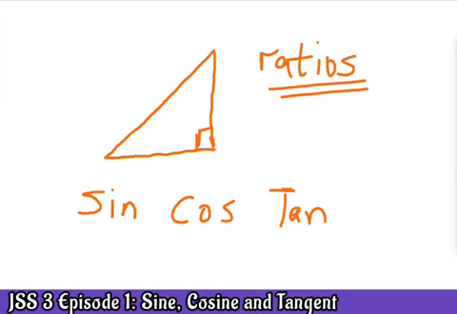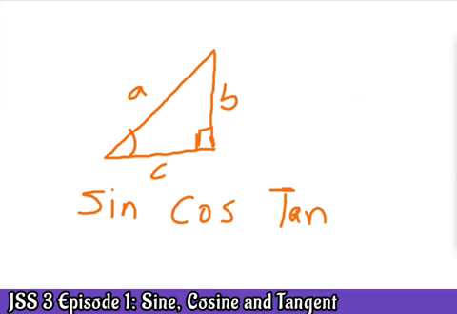Now we have three different sides as we have seen so far: side A, side B, side C. So I'll use this for another illustration. Now, if you are observing this angle, if you want to see the ratio or the relationship of side B over C, that is, when B is increasing, how does C also increase?